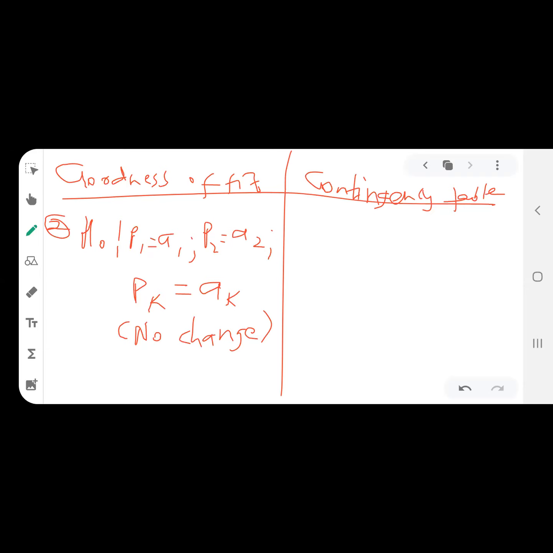So obviously, the alternative will always be like at least one Pi is not equal to its specified value.